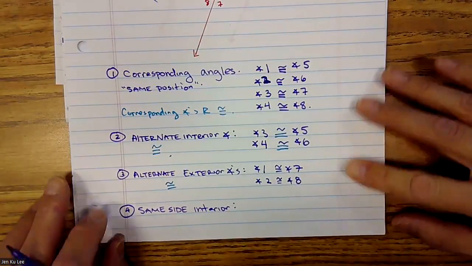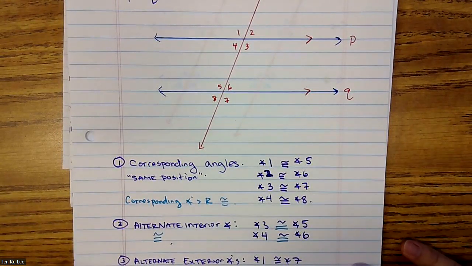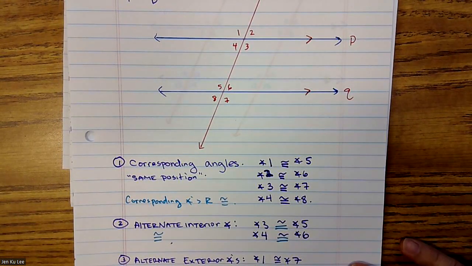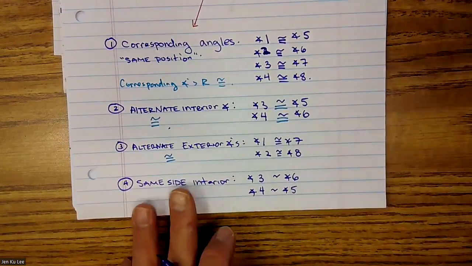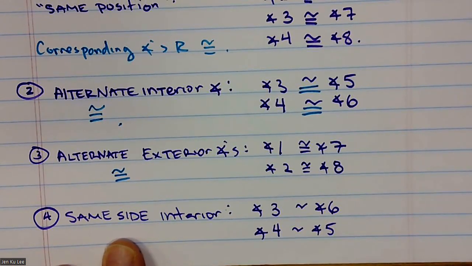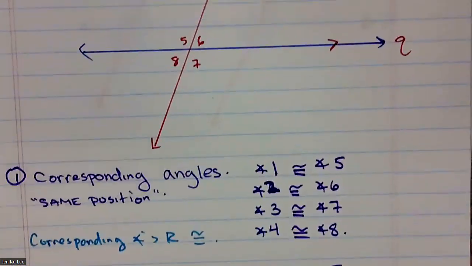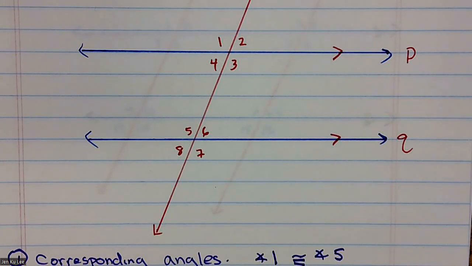Okay. So tell me, what are same side interior angles? Angle 3 and angle 6 and angle 4 and angle 5, right? Okay. Same activity. Angle 3 and angle 6 or angle 4 and angle 5.